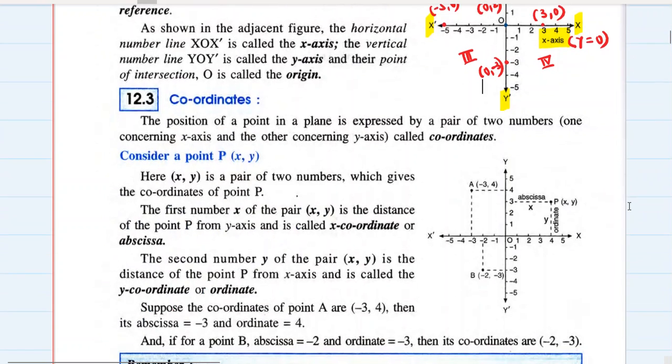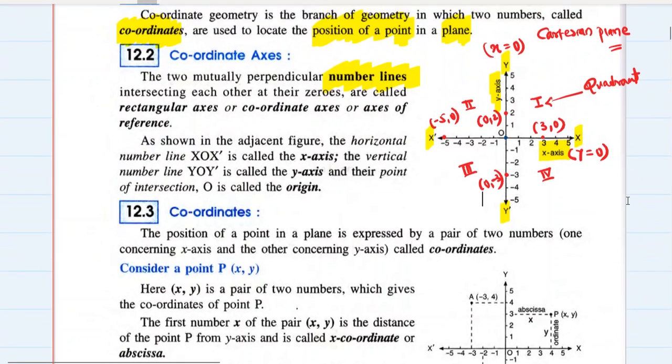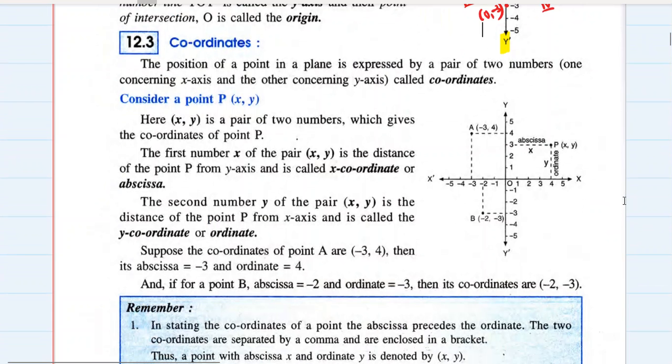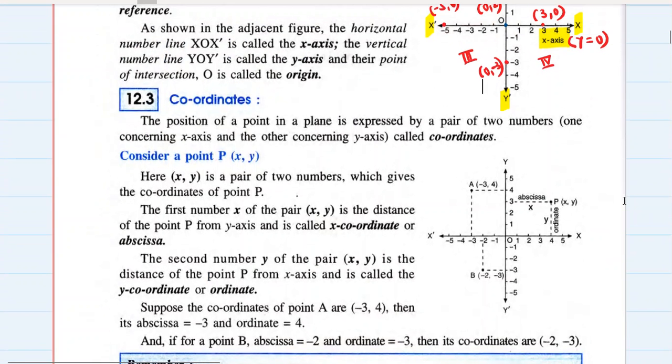We know all this information. Okay, now there are two numbers which express the location of a point. These two numbers by which the location of a point can be determined are known as coordinates.